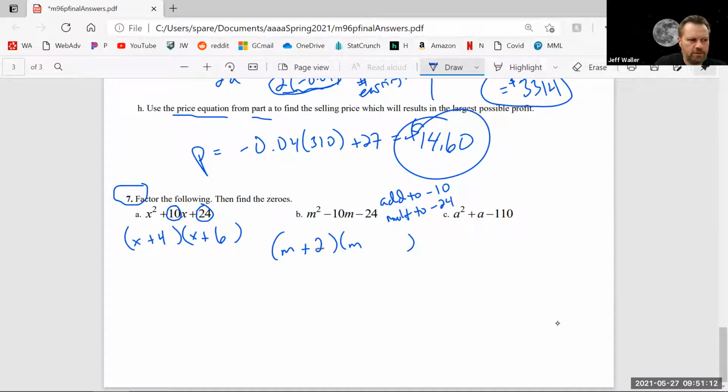Good, +2 minus 12. They add to be -10, and they multiply to be -24. Check, check. All right, and then we got this monster here.